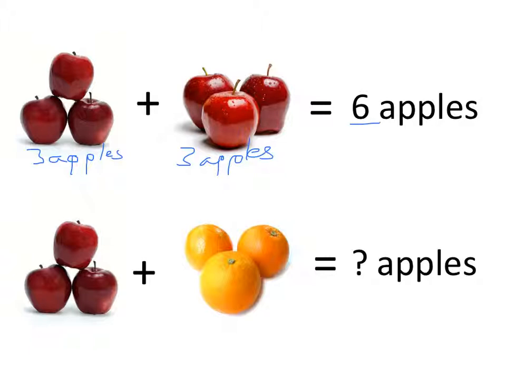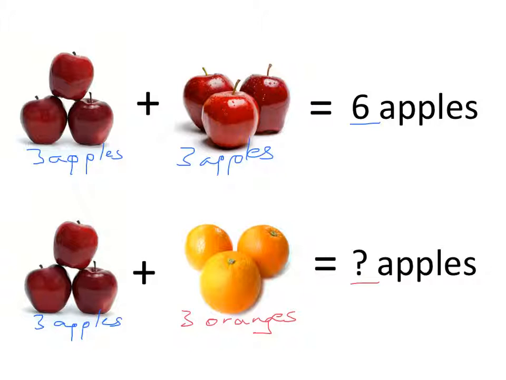On the other hand, we have 3 apples down here, and we have 3 oranges. They are different, and we can't add 3 apples and 3 oranges together and get a certain number of apples. Obviously we still have 3 apples, so the oranges don't affect it. We can't combine them to say we have more apples than what we started with.